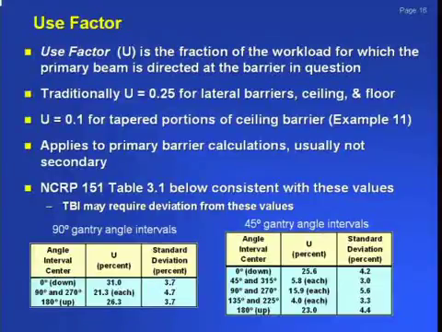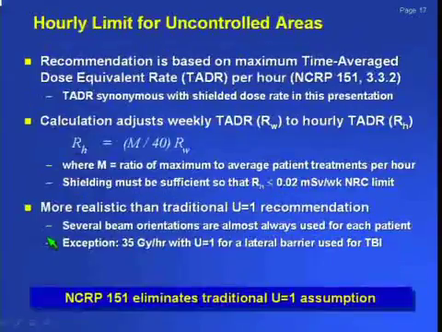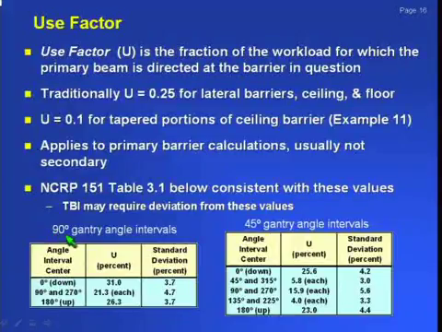Use factor: how often do you have that beam oriented in a particular direction? When we all started working with these, we pretty much grew up on the idea that we did 90-degree increments.